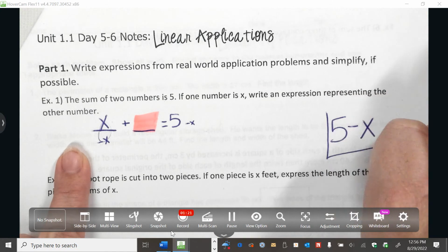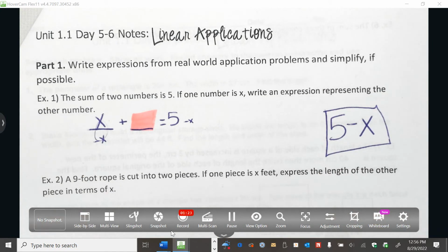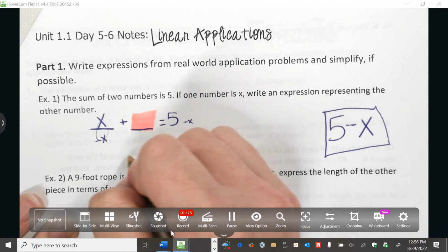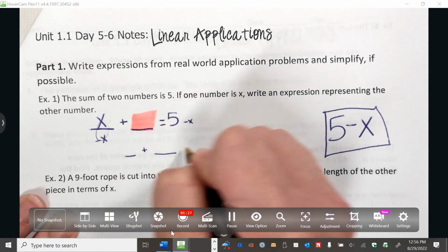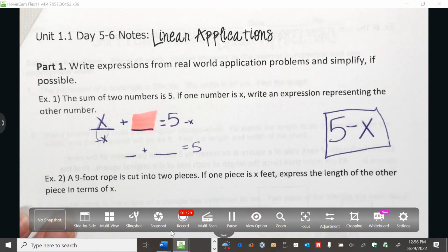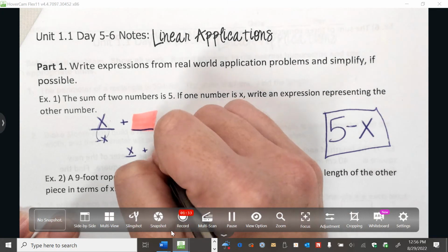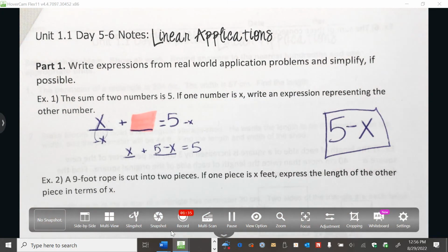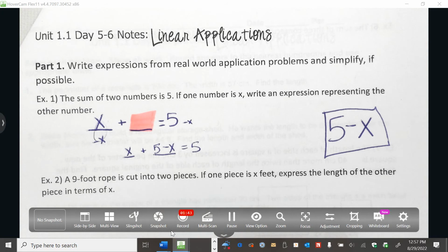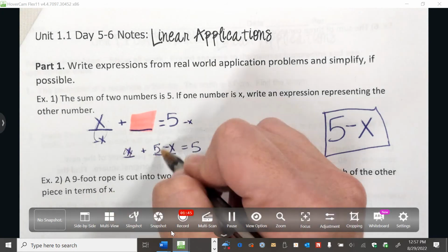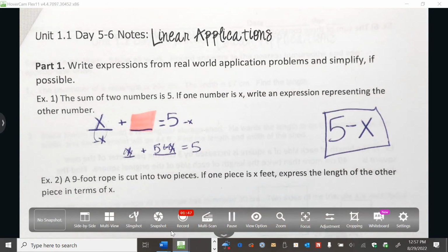And now I'm going to prove it to you. We said the two pieces would equal 5. So if one piece is x and the other piece is 5 minus x, what would happen when I simplify that? Well, what happens to the x's? What's x minus x? 0. So these cancel. Does 5 equal 5?